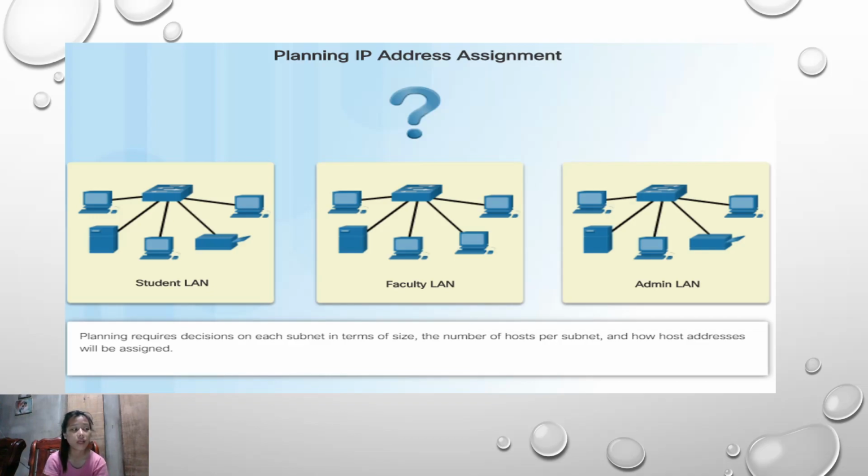Planning network subnets requires examination of both the needs of an organization's network usage and how the subnets will be structured. Performing a network requirements study is the starting point. This means looking at the entire network and determining the main sections of the network and how they will be segmented.